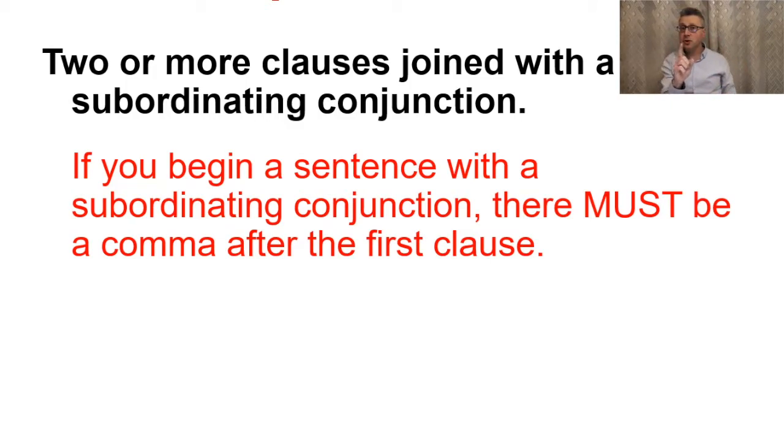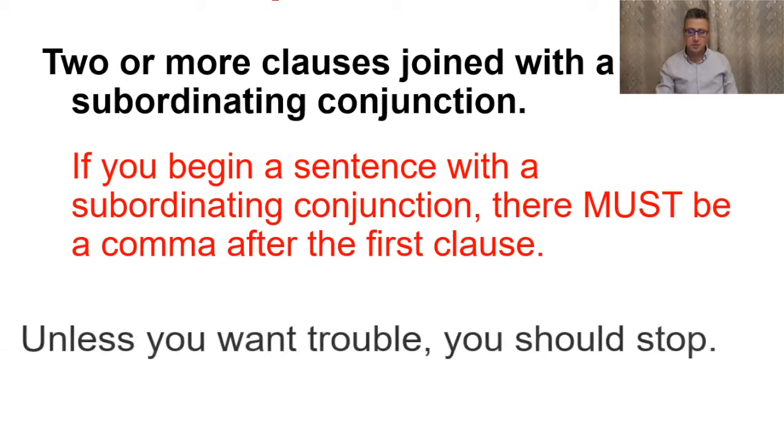In a compound sentence, both sentences are complete. Both have complete thoughts and both are independent sentences. We join them by what? A coordinating conjunction. However, in a complex sentence, one clause is dependent on the other. The other is what? A complete sentence. So let's look at an example.